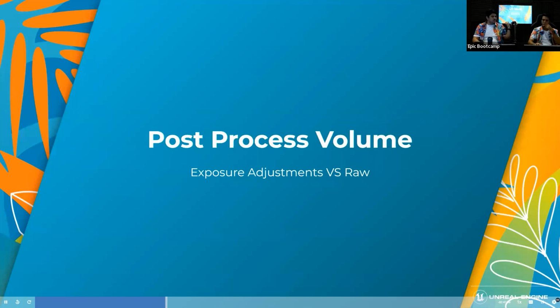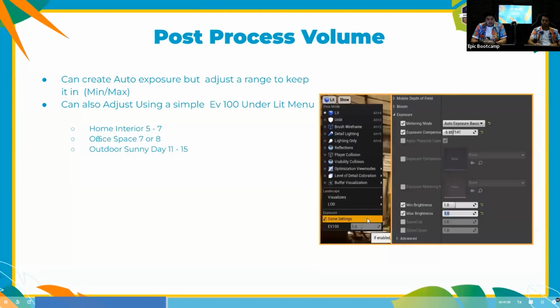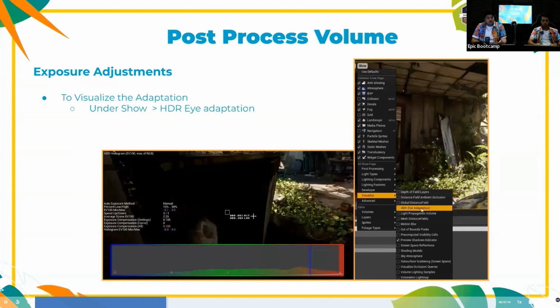Let's take a jump back to what we said earlier in the talk. We talked a little bit about post-processing volume, adjustment, exposure versus raw. This will link a couple of things that we mentioned before, but right now, when we see this image, we know that this post-processing volume uses, for example, a different value of exposure that can vary according to the scene.